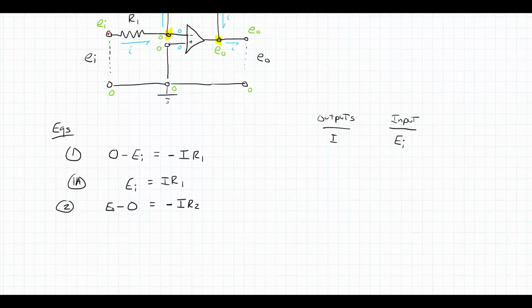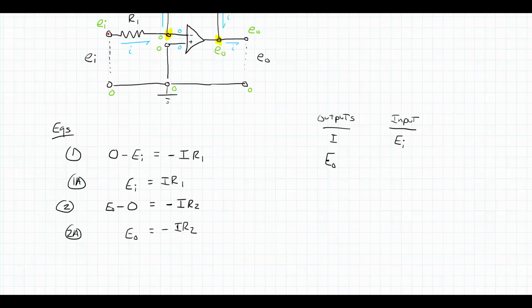And I can rewrite this as 2a, that 0 is going to go away, so I'm left with Eout equals negative I times R2. Looking at the outputs, I've now added an output Eout, and I still have my one input Ei. So if I look at 1a and 2a, I have Ei, I have Eout.